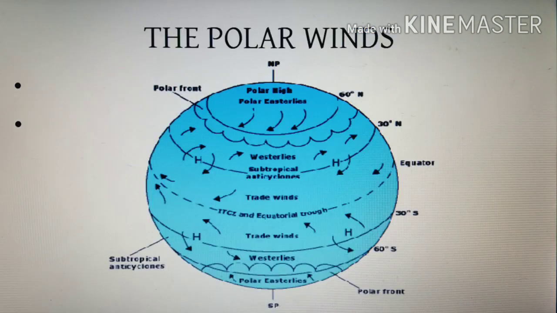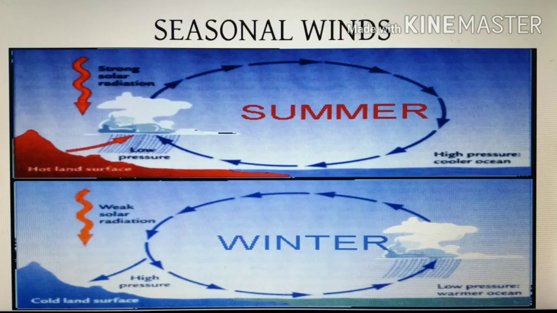And next, coming to the third one, the polar winds. The polar easterlies are permanent winds that blow from the polar high pressure belt to the subpolar low pressure belt. These are called polar winds. And next, seasonal winds or periodic winds.